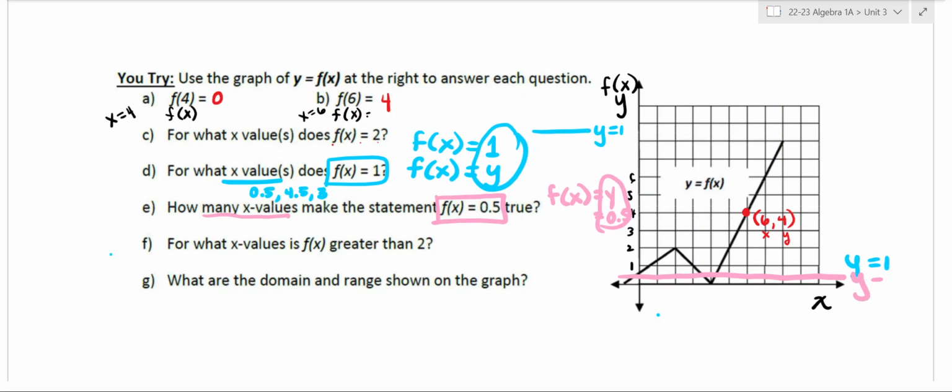Right? Y equals 0.5. And for how many x values? Well, there is this one, and that one. So it looks like it's 3 different y values. I mean, x values. X values. 3 x values.